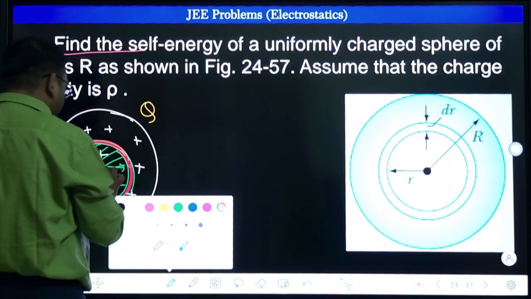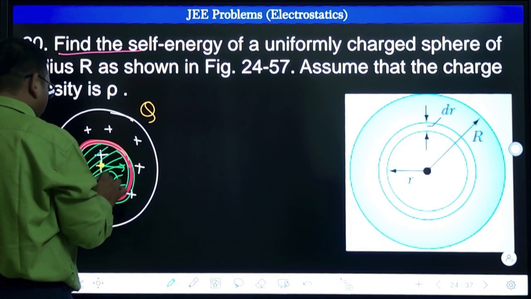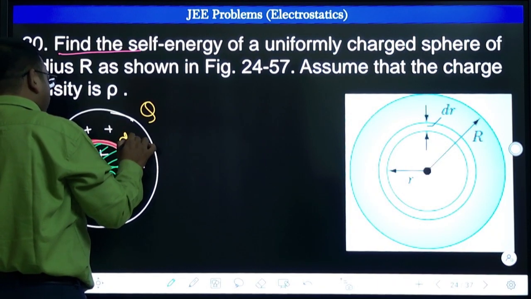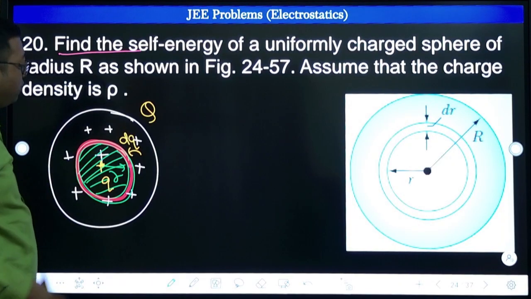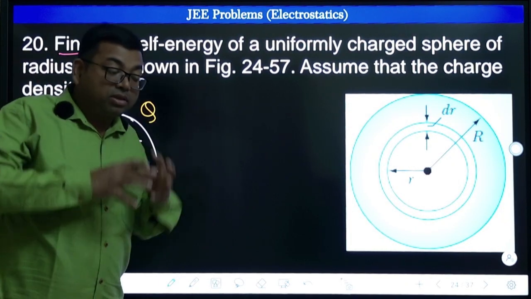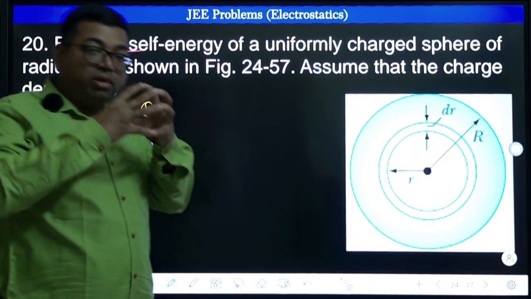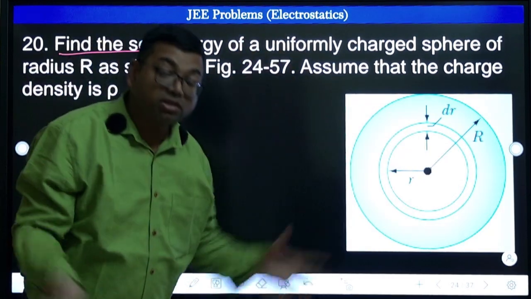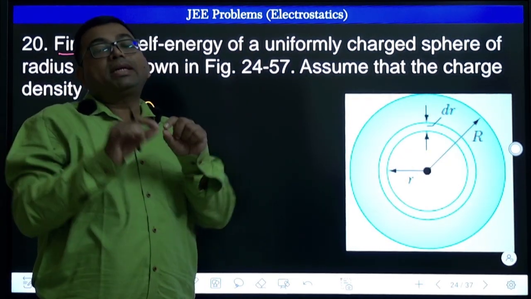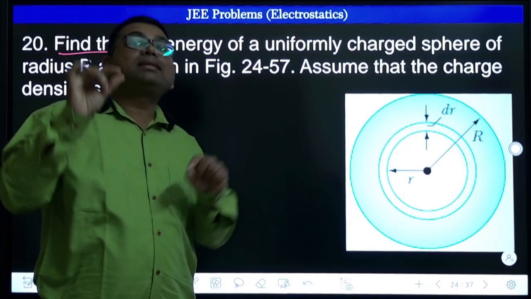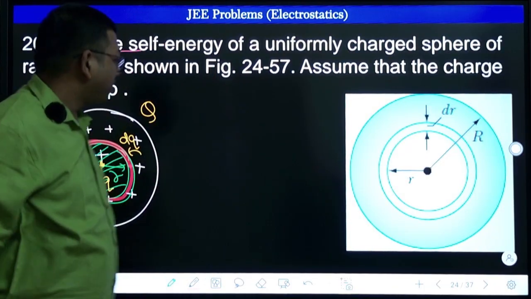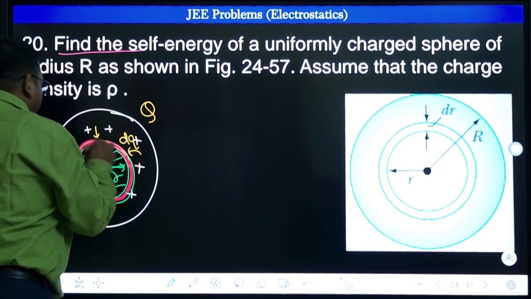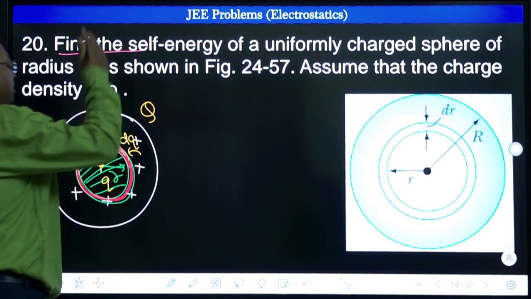Let us say the charge I have spread so far is small q, and now I am bringing dq from infinity and putting it over its surface uniformly, to make the thickness a little bit more. So this radius is r, and this thickness is dr, right? Gradually you are building up to capital R.